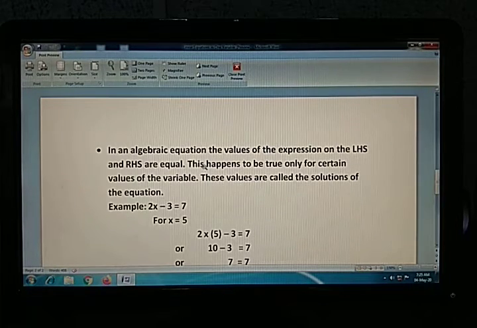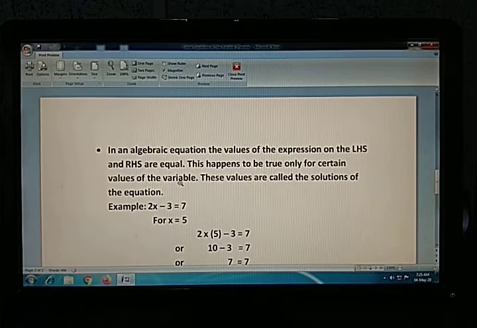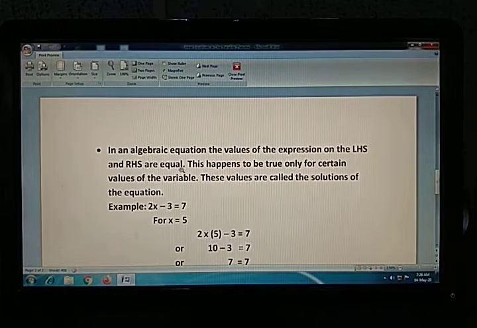Now moving on, this happens to be true only for a certain value of the variable. So this left hand side and right hand side will be equal for a certain value of the variable.